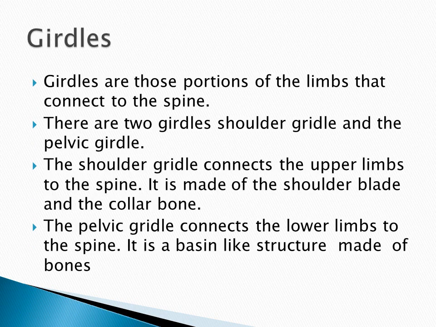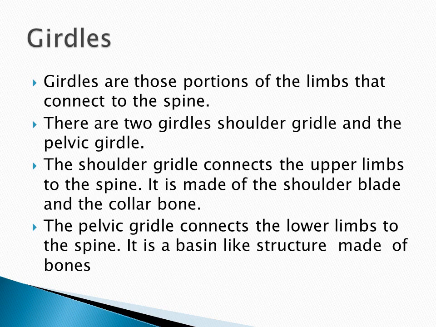Next, we will learn about the girdles. What do you mean by the term girdle? How are these arms and legs connected to the body? Our hands are different, our legs are different. How are they connected to our body? They need a connection, which is called a girdle.